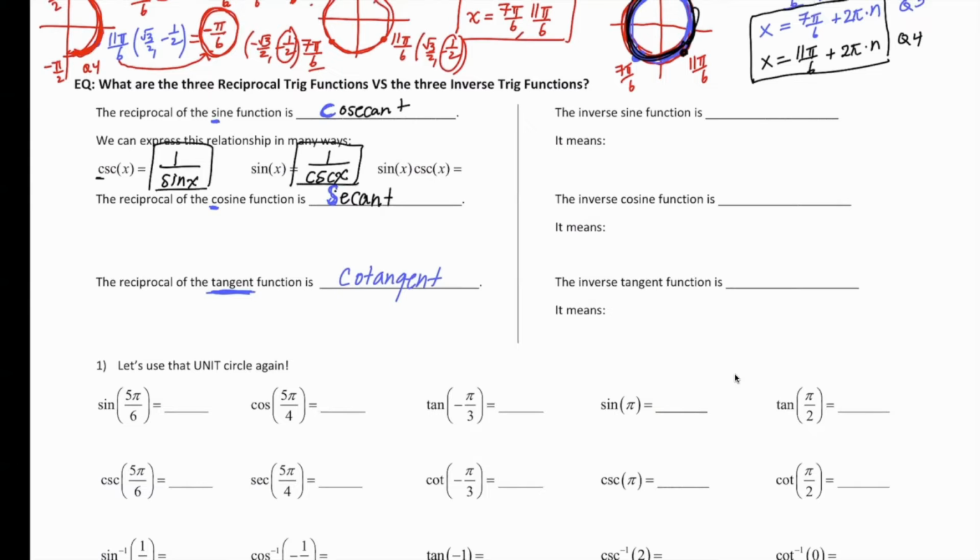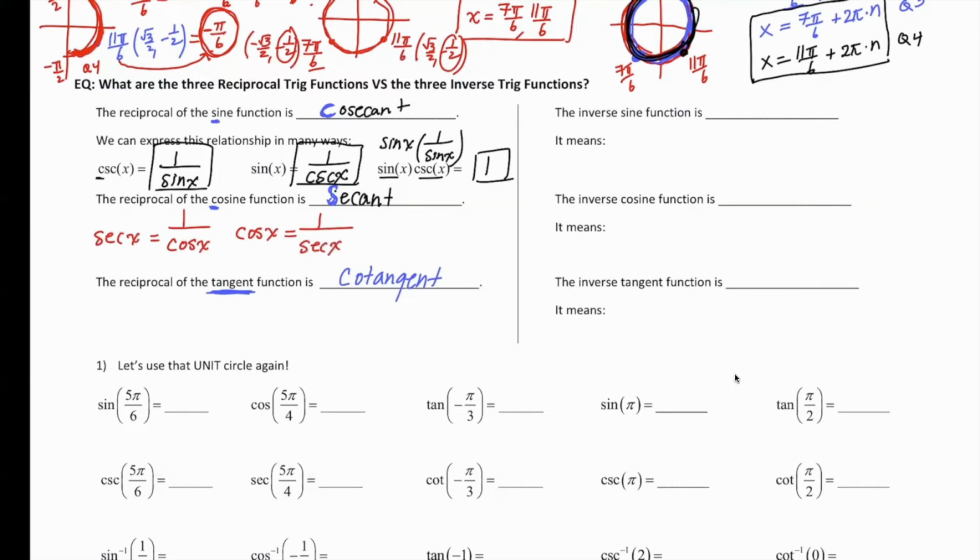So if you multiply the two reciprocals together, if you multiply sine with cosecant, which is 1 over sine, if you multiply reciprocals of each other, it's equal to 1. Okay, so let's do the same thing with secant. Secant is reciprocal of cosine, which means you can say that the cosine is a reciprocal of secant.